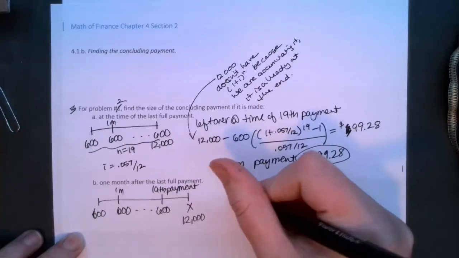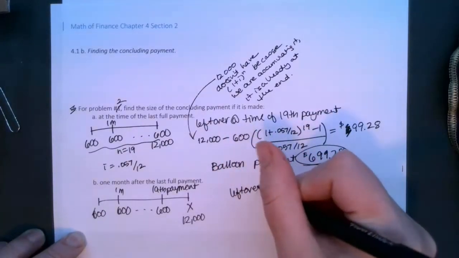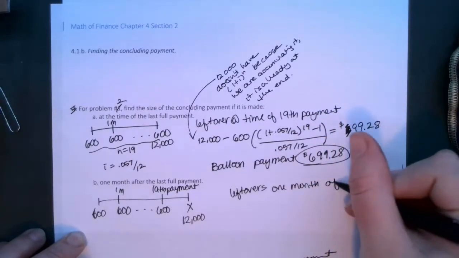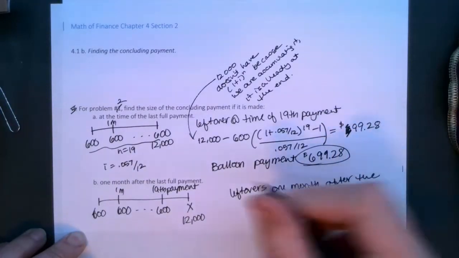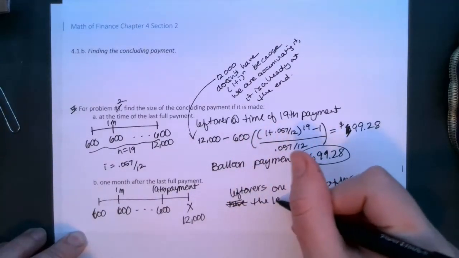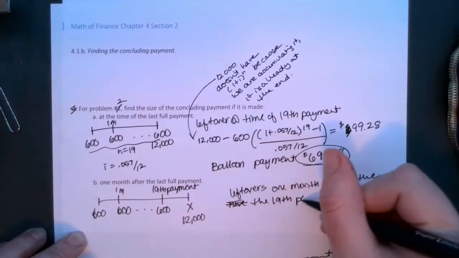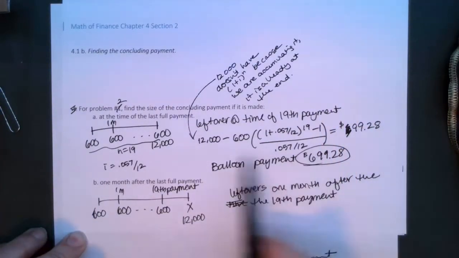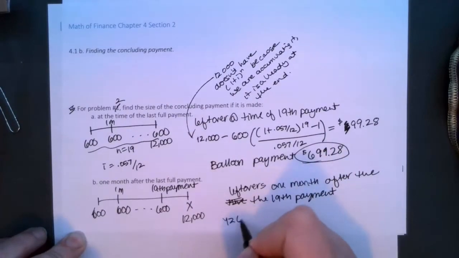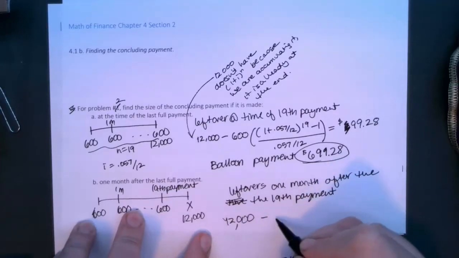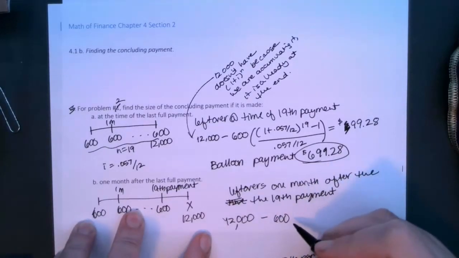Okay, so the leftover 1 month after the 19th payment is again going to have that S sub n due with this part, but that 12,000 is going to stay the same. It's a little different, and this is kind of an unusual problem, so you're not likely to see this. The ones you'll see are more like number 4, A and B.